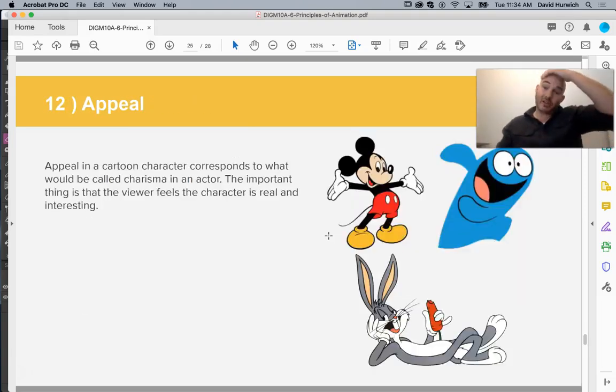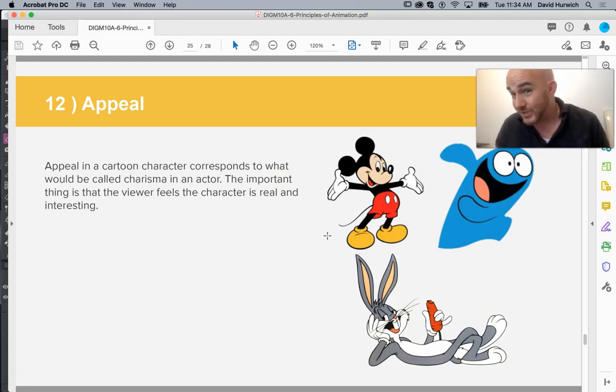Finally, we have appeal. Appeal is one of these je ne sais quoi intangibles of something that's interesting. And I know that sounds kind of vague, but it's hard to say what makes something interesting.